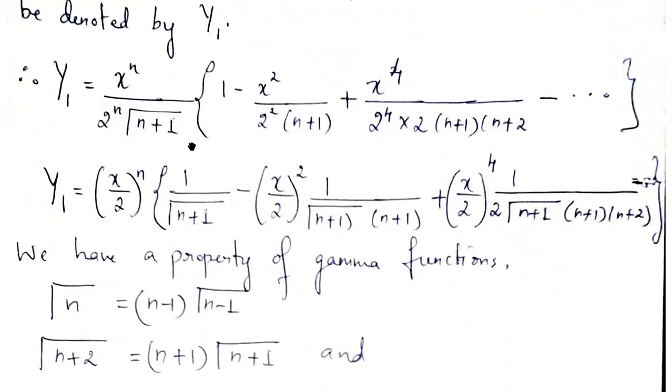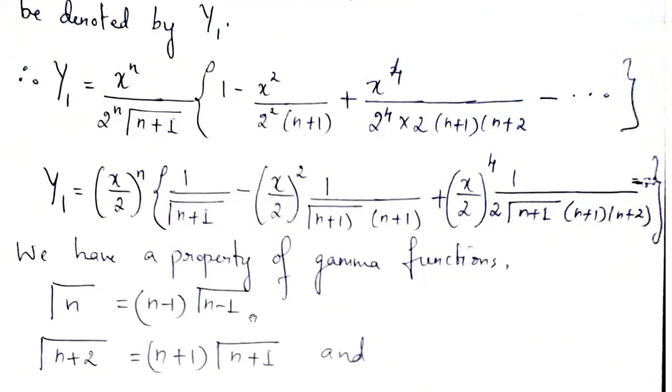N plus 1 is multiplied by this gamma n plus 1, so I get gamma n plus 1 into n plus 1, plus here earlier it was x power 4 divided by 2 power 5. I will write it as x power 4 divided by 2 power 4 into 2. So I get x by 2 whole power 4 and this 2, and these two terms are being multiplied with this gamma term. So I get gamma n plus 1 into n plus 1 into n plus 2 minus, and so on.